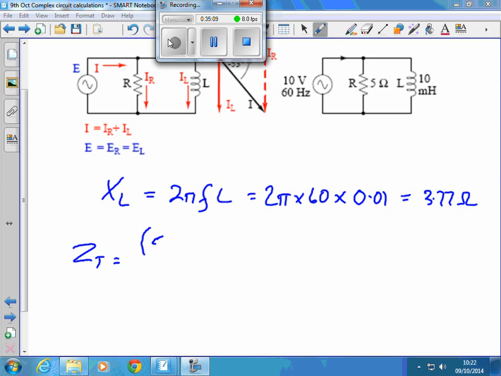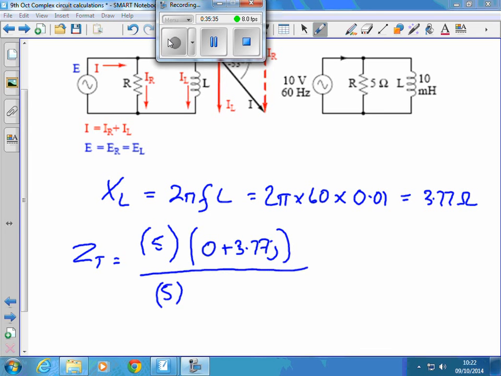R is 5, there is no J part. L is 0 plus 3.77J, and that is over 5 plus 0 plus 3.77J.